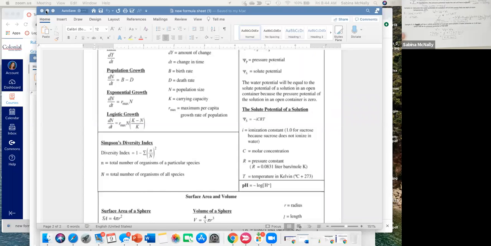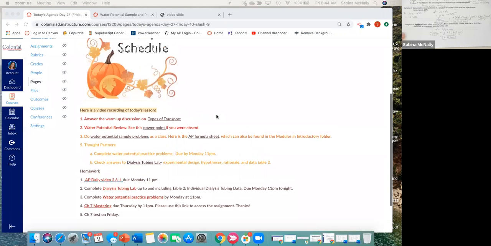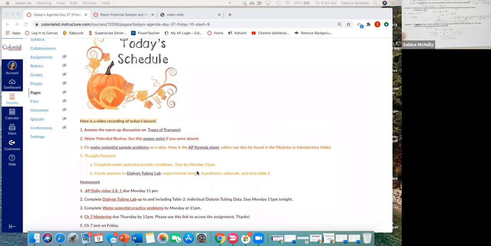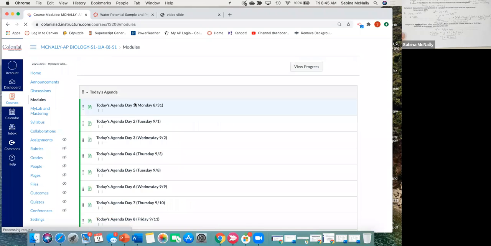Okay. All right, so let's share the screen. Again, this formula sheet, oh, I had it open 2 times and didn't realize that. Okay, so this formula sheet, I put a link here, but if you ever can't find it, you can go into modules and it's in the introductory material, okay?